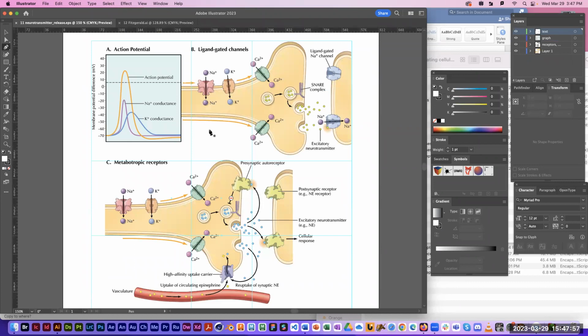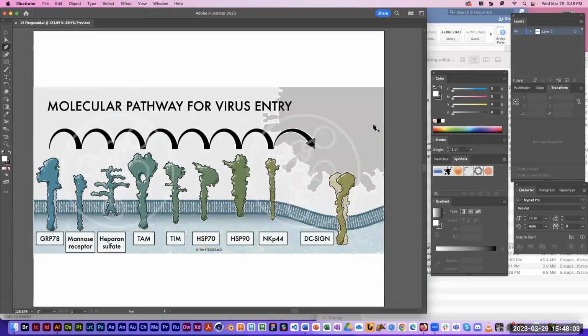Another similar one, I won't go through this one, that looks very similar to one of the others. This is one from one of our former students, Tim Fitzgerald, who lives down in the Atlanta area now. And I believe, if I remember correctly, he did this as part of his thesis work, and created all these little stylized images of different proteins.